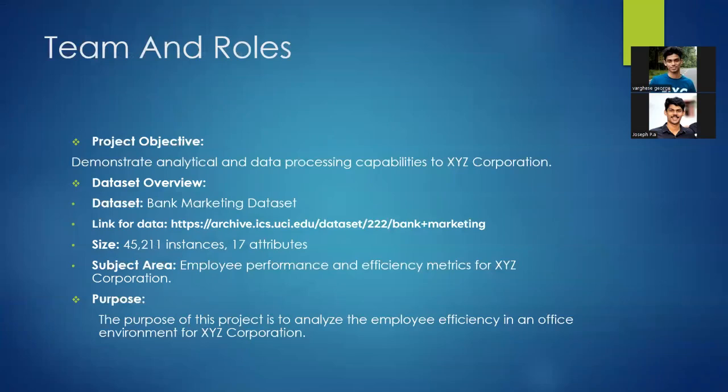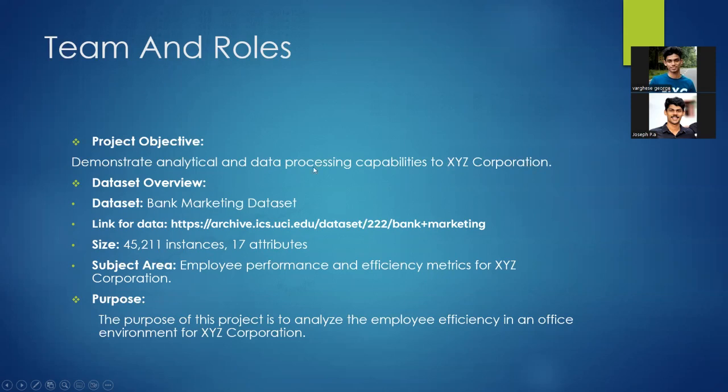There are some roles of our team. My objective is to demonstrate analytical and data processing capabilities of XYZ Corporation. We got the data set from an online site, which is mentioned here. The data set name is the bank marketing data set, which we considered as the data set for XYZ Corporation.